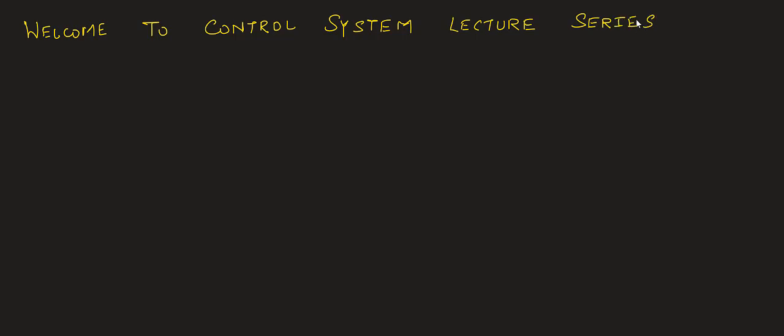In this lecture series, we are going to see 45 different lectures about control systems. We are going to see how a control system is mathematically modeled, how a control system is numerically solved, and how a control system is visually plotted.